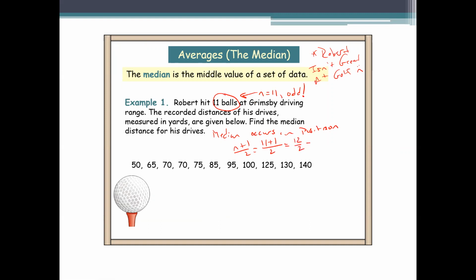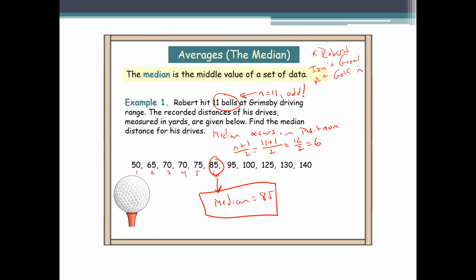What does 12 divided by 2 get you? It says the median is in position 6 of the ordered data. Here's position 1, 2, 3, 4, 5, and here's position 6. This is the median.